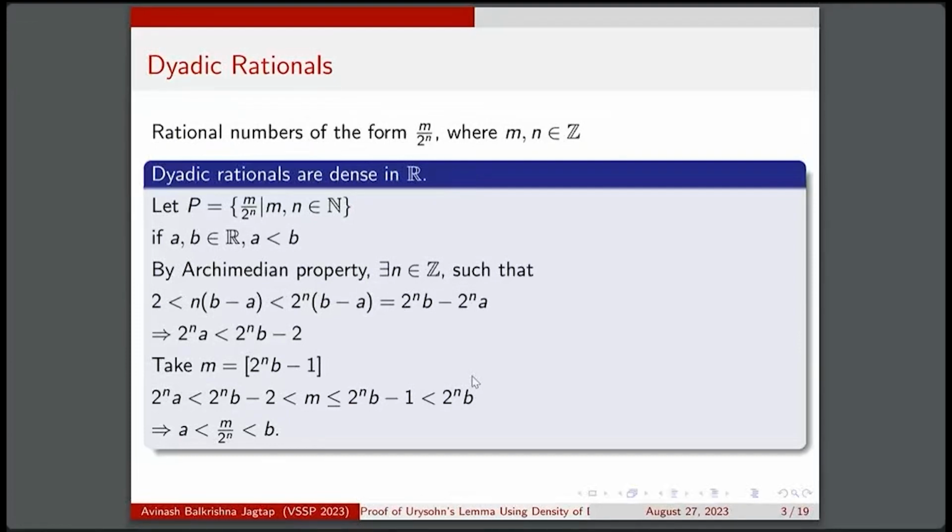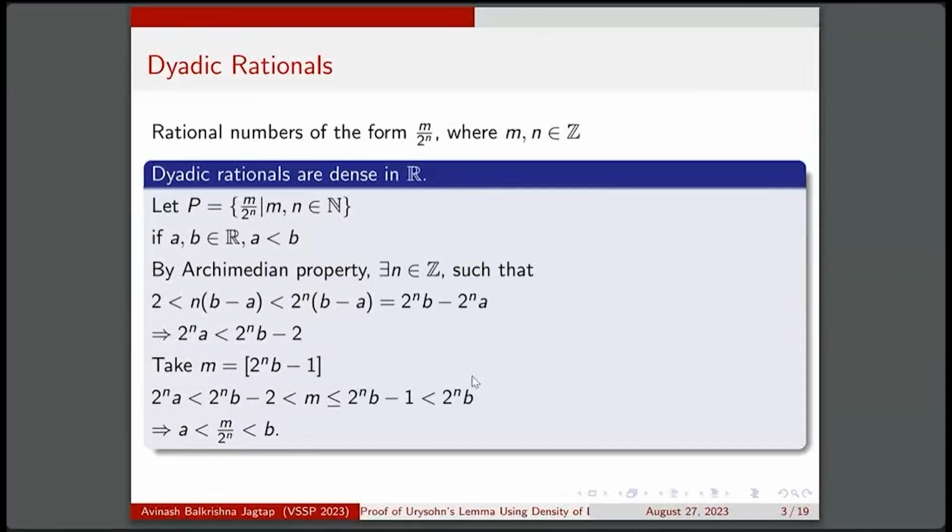Yeah. So they will also be dense in R, because by the same argument, by taking p to the power n, we can increase the distance between b and a so that there will be some integer in between them, and hence we will again get that a will be less than m by p to the power n, which will be less than b.